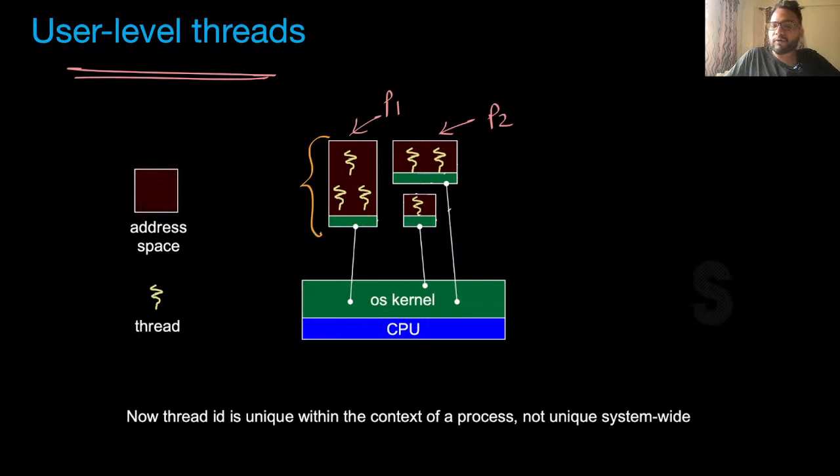This is just one process for the kernel. Let's suppose P1 has 3 threads, maybe T11, T12, T13. P2 has 2 threads, maybe T21, T22.